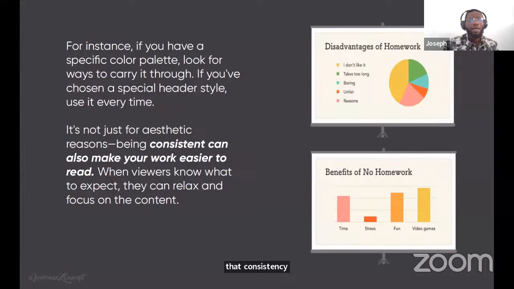So if it's color palette, use the color palette properly to enforce that look and feel. If it's style of the header, do that. If it's the style of the margins, do that as well, right?